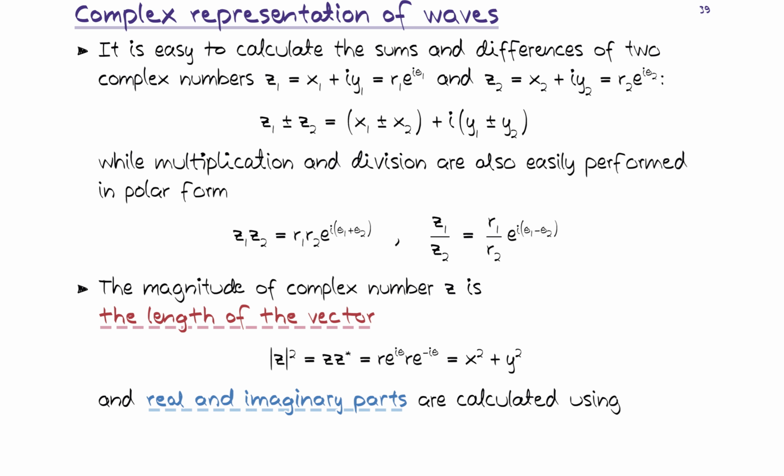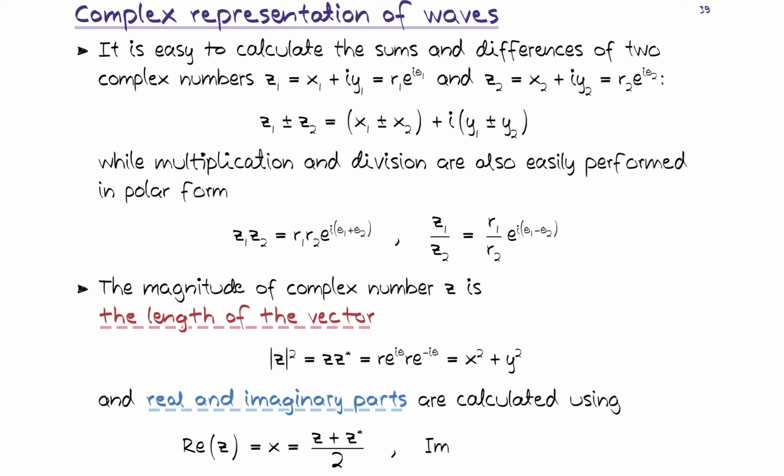And if we have a complex number and want to come up with a way of calculating its real and imaginary parts, we can easily calculate the real part of z, which is denoted with x, using this equation. We add the complex number z with its complex conjugate and divide by 2, and this gives us the real part of the complex number z.